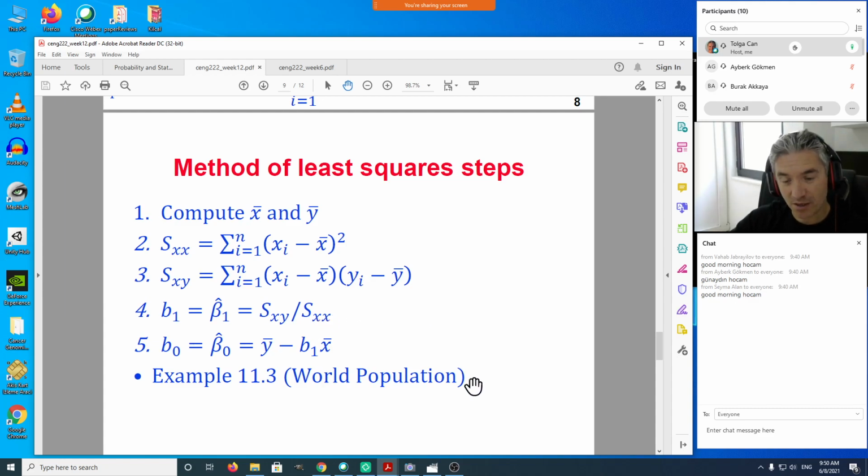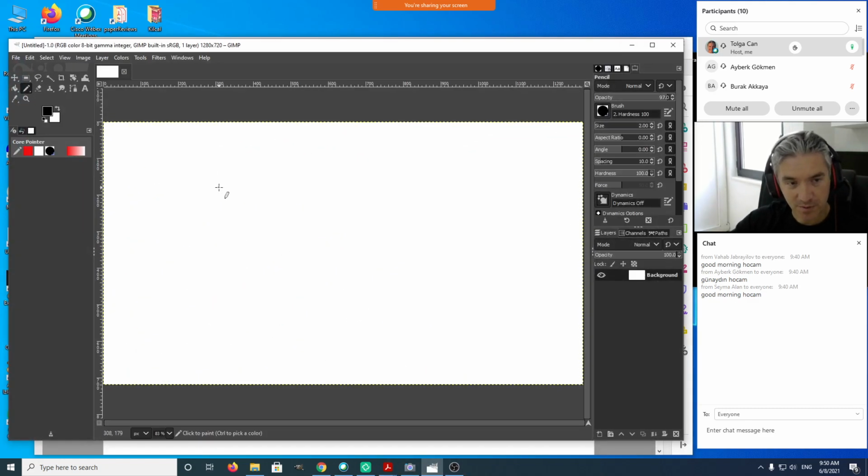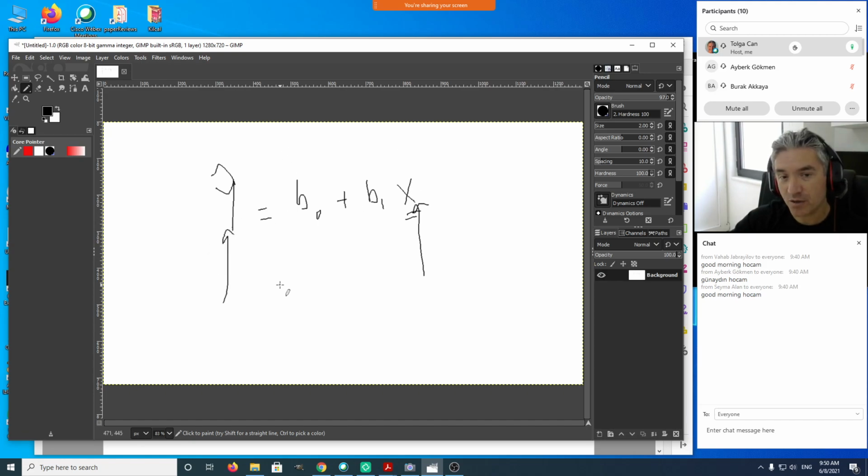And the equation becomes predicted y hat equals beta 0, the one that you computed, plus beta 1 times x, whatever x is. So for a new x that is not part of your data, you may give any x here and form this function, and you may predict what y is going to be.